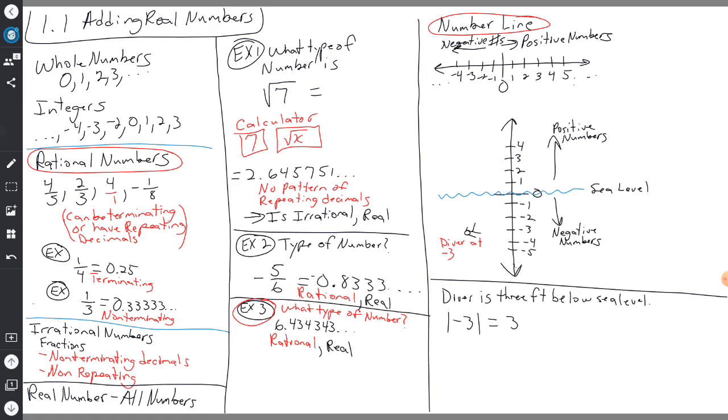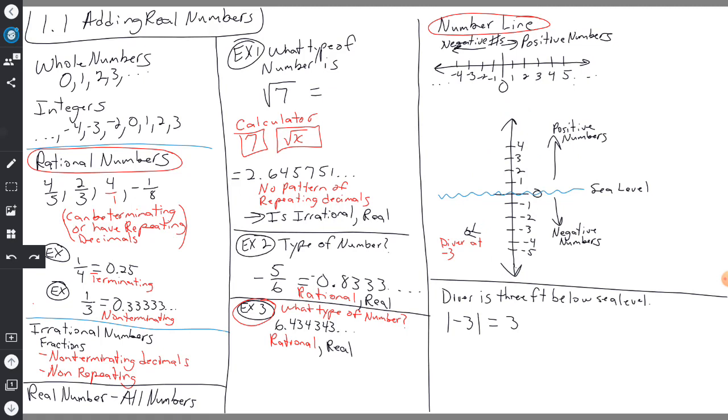If we look at the next number line here, that is a number line where we again see our 0 point in the middle of the graph, and we can think of that as like sea level.